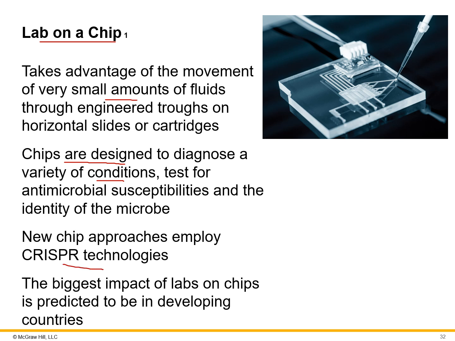And they employ these different CRISPR techniques. And the biggest impact of these is in developing countries where, again, they don't have access to a lot of technology, or storing and transporting is an issue. So it's something that can quickly be done. Again, each well can be diagnosing or detecting something different. So lots of tests are being done on just a small amount of fluid.